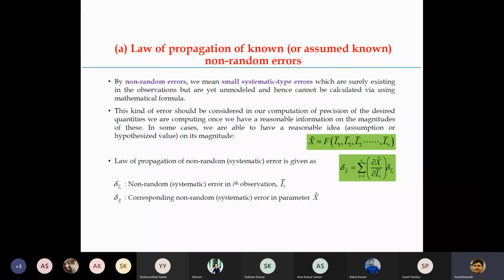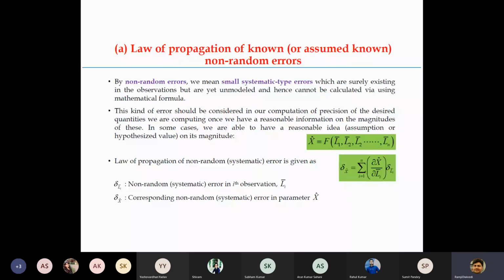So for that you have a function, you know the variables, and we know how the variables are there and how we need to compute the so-called function. So the law of propagation of non-random systematic error is given by, obviously, the summation of all 1 to n, the partial derivative with respect to individual observation, and obviously the deviation.